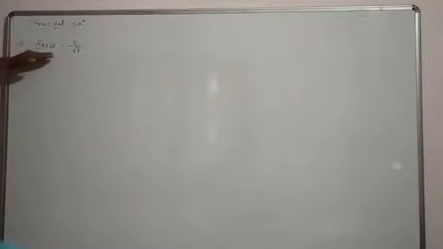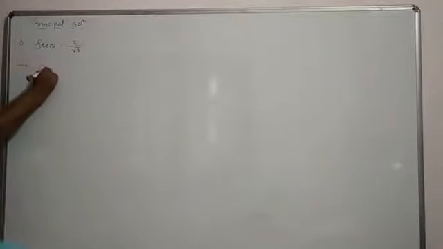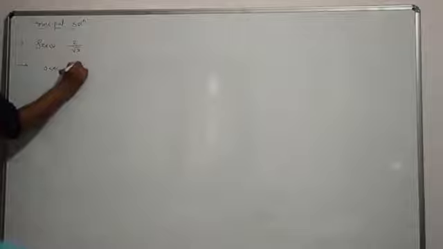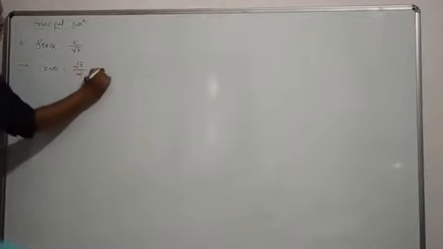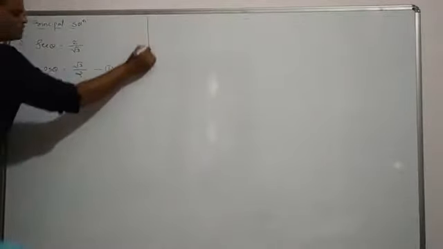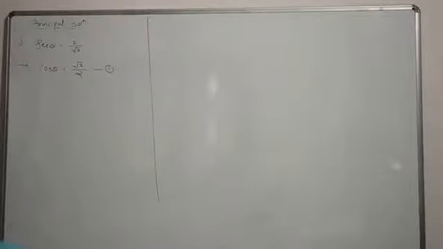So here you have sec theta is equal to 2 by root 3. We will convert sec theta into cos theta. So you have cos theta is equal to root 3 upon 2, and I call this equation number 1.